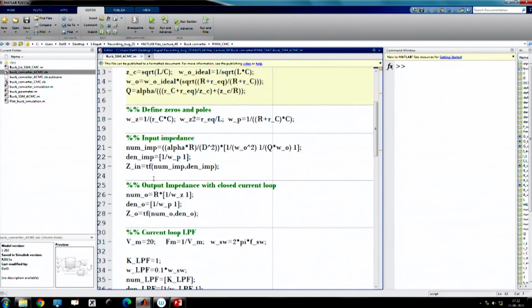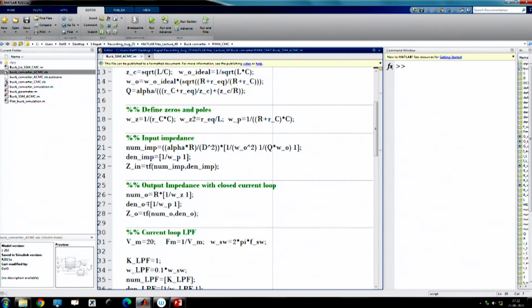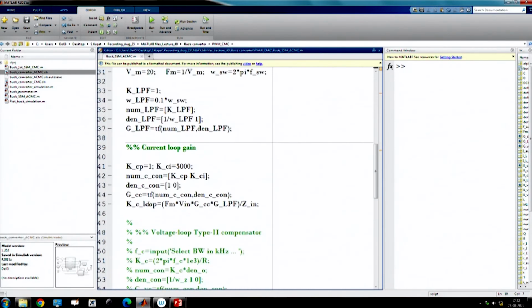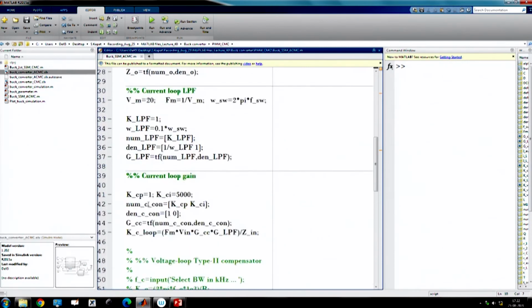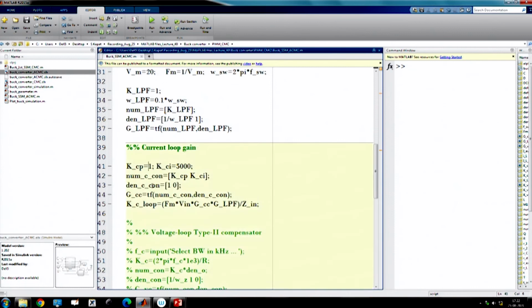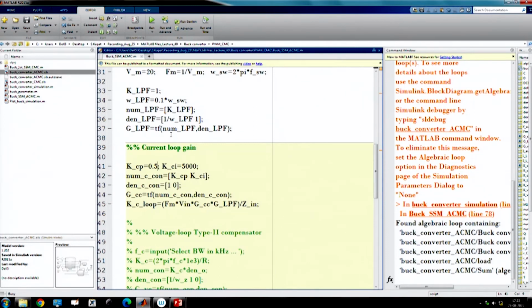Okay, so we need to reduce both because there is a direct effect on this. Here I think the modulator gain Vm I have taken too small, so I need to take a larger one. I also need to reduce this quantity because this proportional term also reflects a discrete jump in the reference voltage.